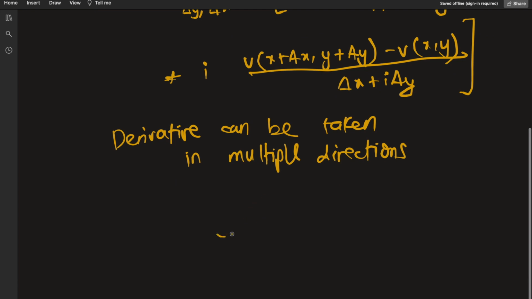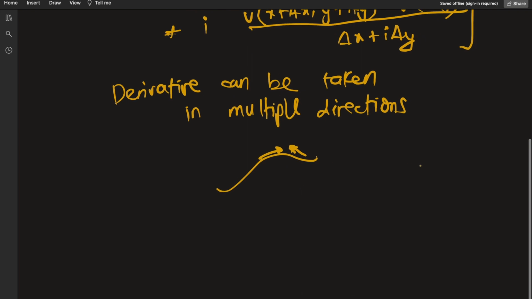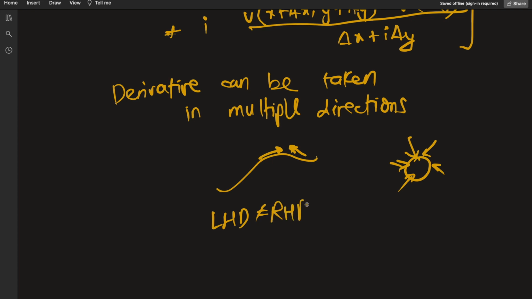In single variable calculus there was this direction of approach or that direction of approach, the left hand derivative and the right hand derivative. In multivariable calculus, however, there are multiple directions of approach, and each of them might give different answers for a derivative. If you recall, in single variable calculus, if the left hand derivative did not match the right hand derivative, then the derivative did not exist.